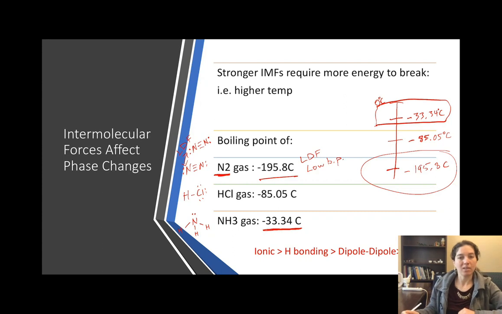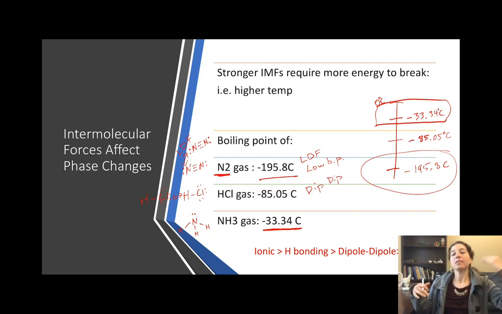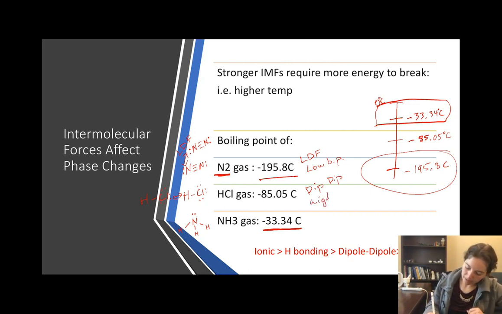It's easy for them to separate. Whereas HCl has a dipole-dipole attraction here. So between the hydrogen and the chlorine, we've got a dipole-dipole, which means it does have some more strength and more attraction. So you have to work a little harder to pull them apart, which is why the boiling point is a little bit higher. So we have a higher BP.